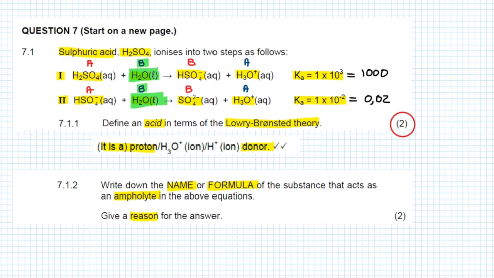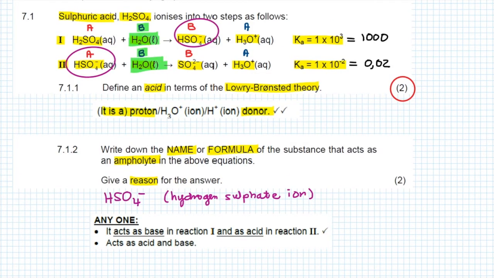There is, however, another substance that first acts as a base and then acts as an acid. This substance is the hydrogen sulfate ion, and therefore the hydrogen sulfate ion in these equations is behaving as the ampholyte. So for 1 mark, we write down either the name or the formula of the hydrogen sulfate ion. That gets us 1 mark.